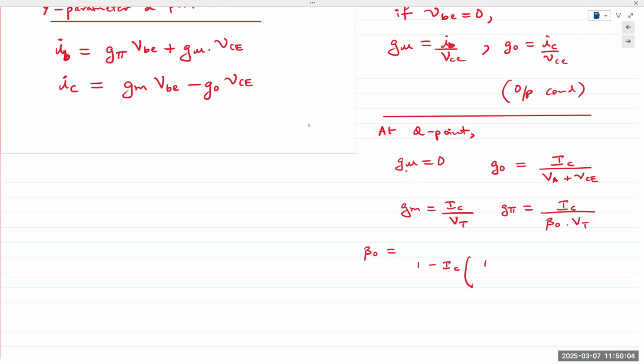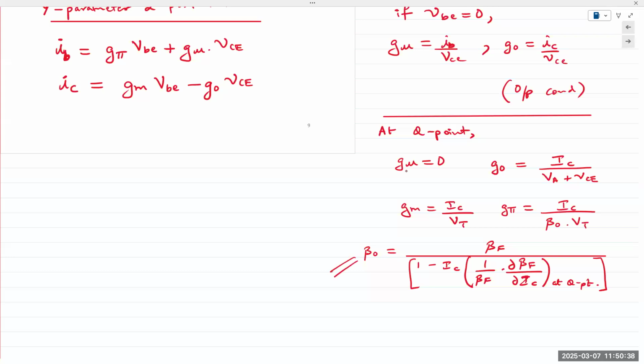Hold on. 1 over beta F times gamma beta F, partial differential IC at the Q point. There, that's the full equation.